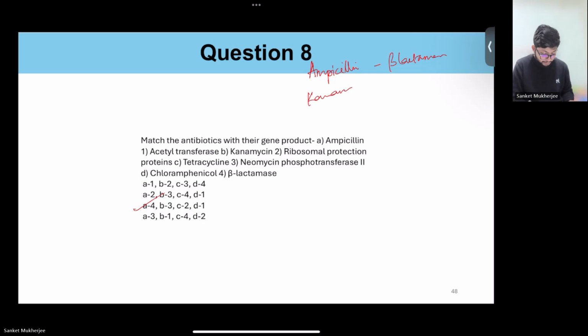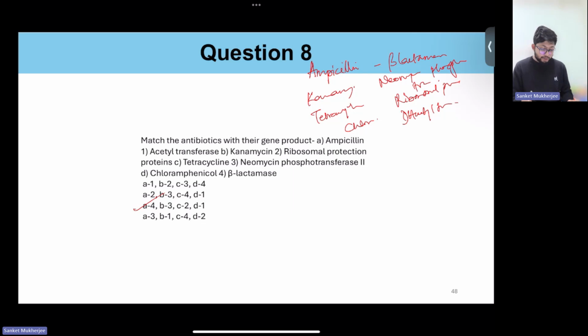Kanamycin would be neomycin phosphotransferase. Tetracycline, ribosomal protection. And then chloramphenicol would be acetyltransferase.